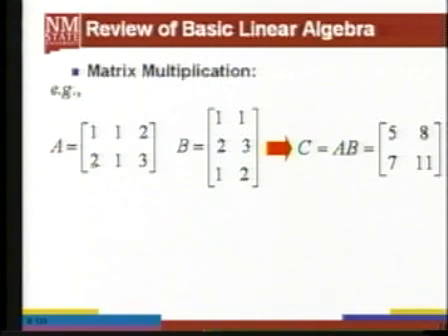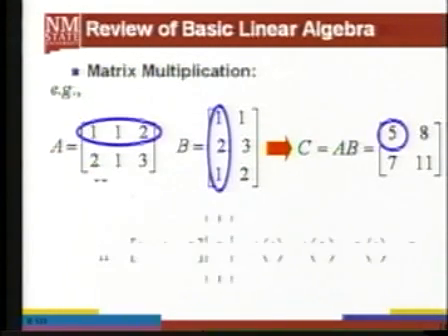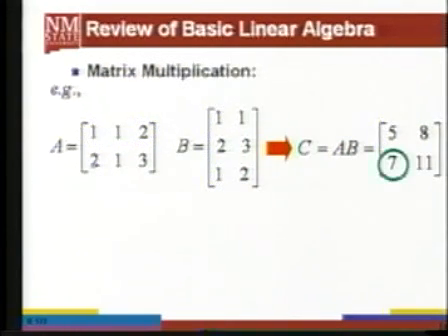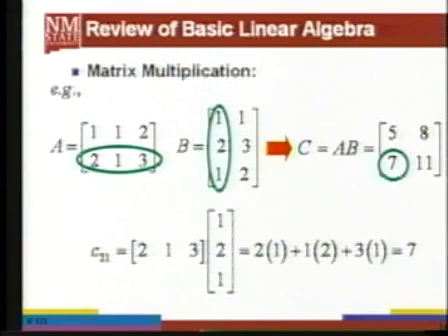Here, for example, the value 5 for C sub 1,1 is from the product of row number 1 of matrix A and column number 1 of matrix B. Likewise, the value 7 for C sub 2,1 is from the product of row number 2 of matrix A and column number 1 of matrix B. Okay?